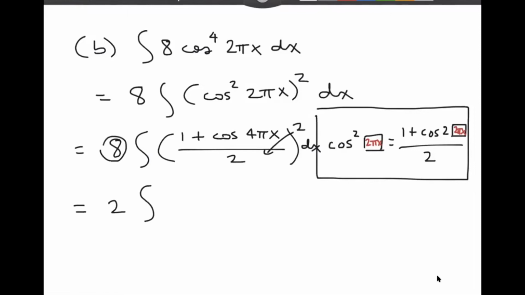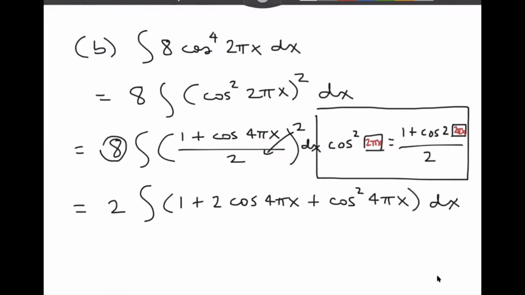We're going to square 1 plus the cosine of 4 pi x, and that's going to give me 1 times 1 is 1. 1 times cosine 4 pi x plus another 1 plus 1 times cosine 4 pi x is 2 cosine 4 pi x plus cosine squared 4 pi x.